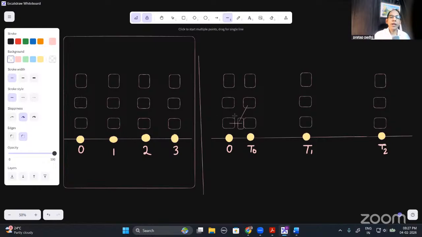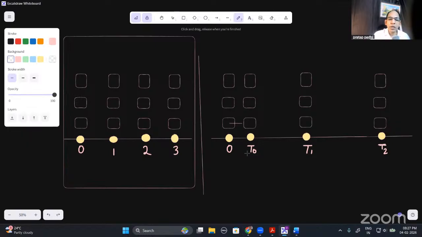So one will make a transition from here to here. If you want to write in a diagram, one is making a transition for the first time, suppose T naught is equal to 3 days, 10 days, 50 days, or 12 days, whatever you write. Maybe let me write 20 here.